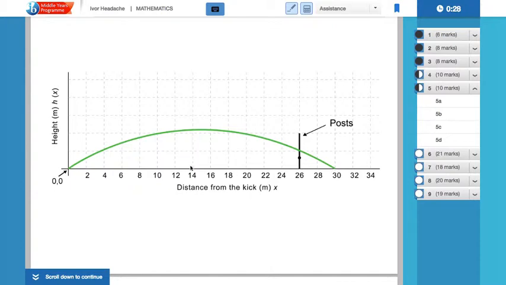So the highest point that it reaches is at 15 units away, because we know that a parabola has that symmetry to it. So we don't need to know the formula for the line of symmetry of a parabola. We can see that it's half of 30, which is 15.